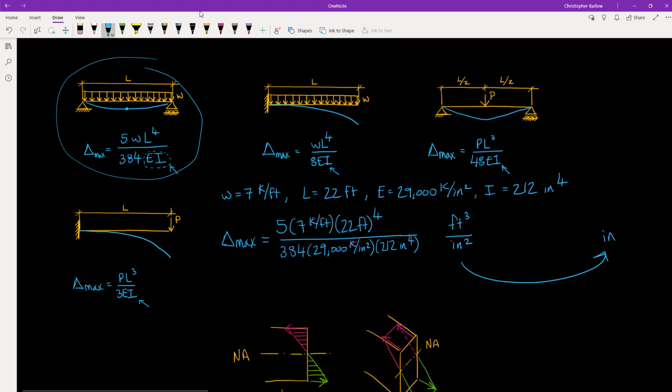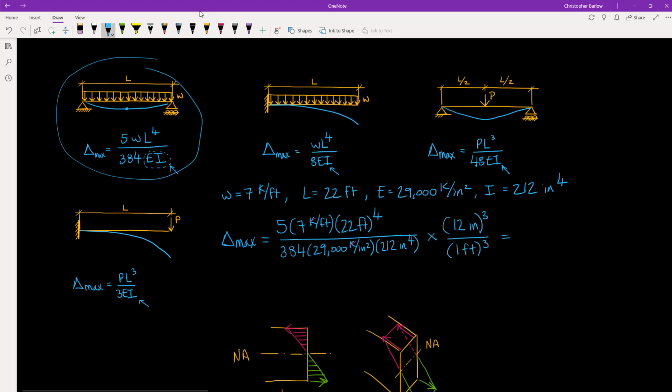So we need to do something about this numerator here. To do that, we need a conversion factor. And so we would need to multiply by 12 inches, the quantity cubed, over 1 foot, that quantity cubed. And so that will be our conversion factor that we apply.